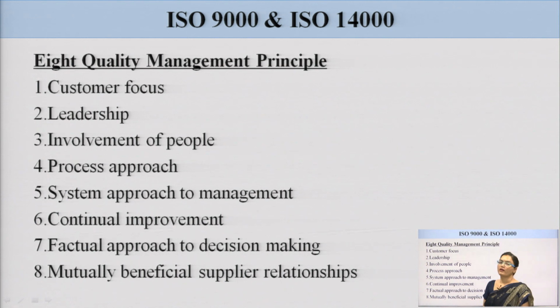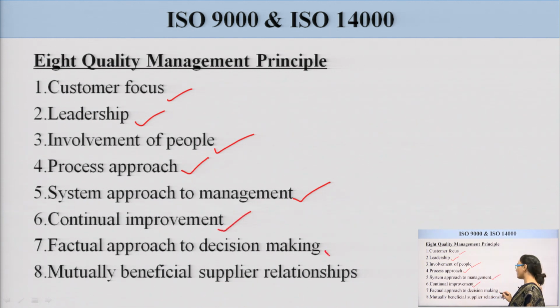Now, here are the 8 quality management principles, and these quality management principles are customer focus, leadership, involvement of people, process approach, system approach to management, continual improvement, factual approach to decision making, and mutually beneficial supplier relationships.